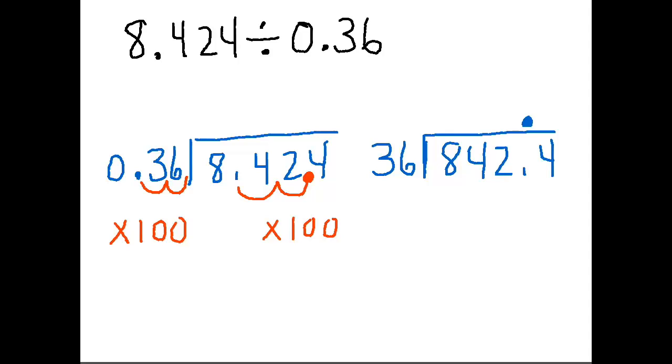8 is not divisible by 36. 84 is. 36 goes into 84 twice. I'll bring down my 2. 36 will go into 122 3 times.